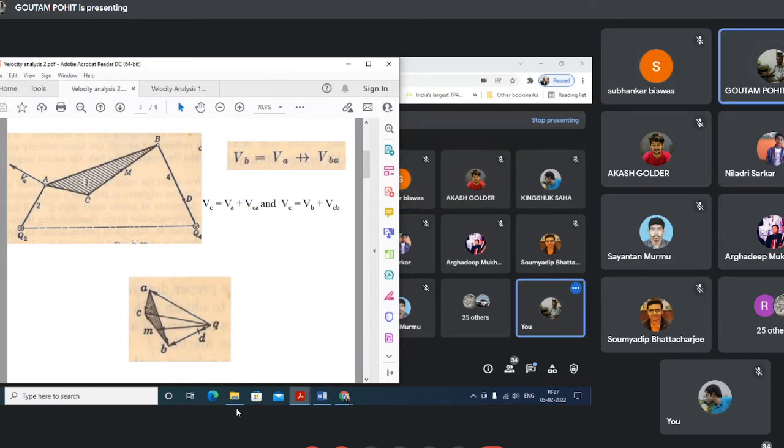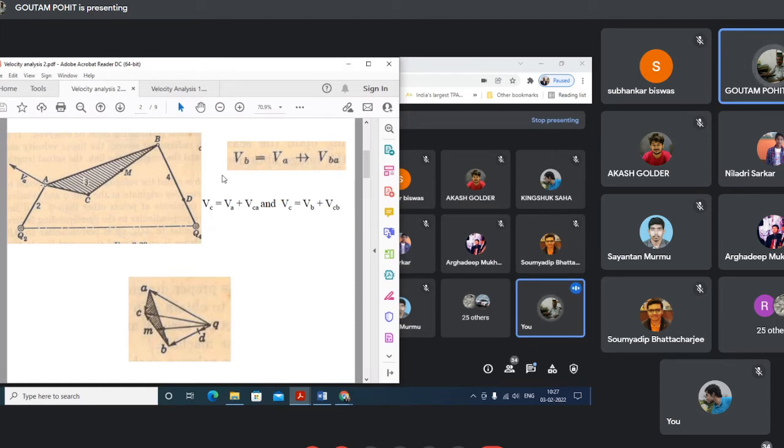Now, say the velocity of B with respect to A, its direction will be perpendicular to BA always, because any velocity's direction we find. For example, QA is what? Velocity of A with respect to Q. Q is a fixed point, and what is its direction?